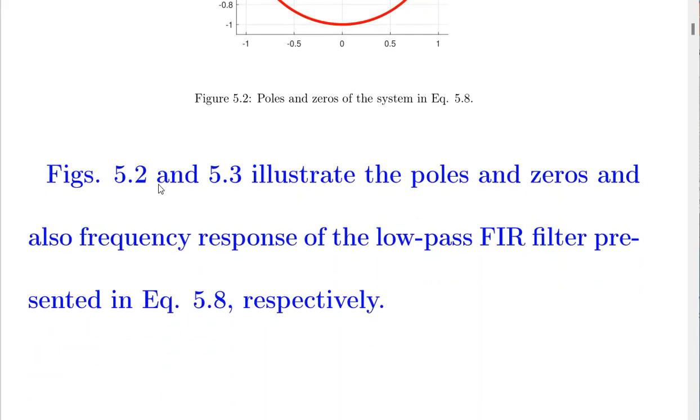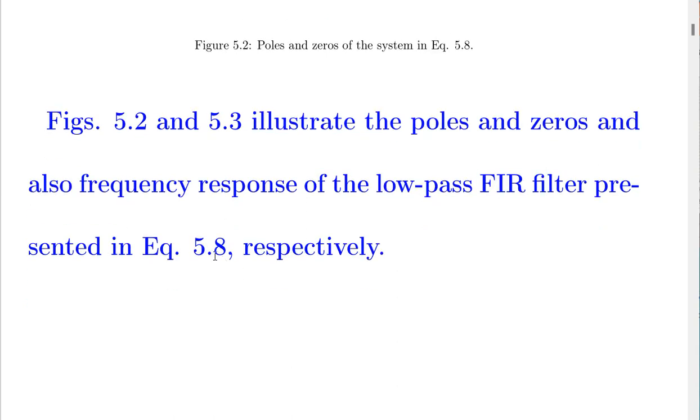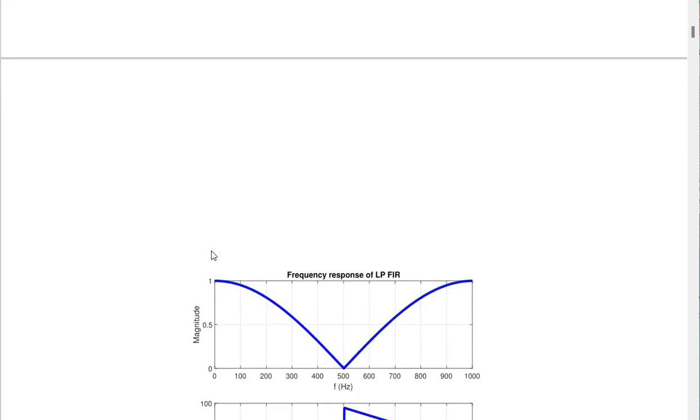For instance, figures 5.2 and 5.3 illustrate the poles and zeros and also the frequency response of the low-pass FIR filter presented in equation 5.8 respectively. Now, let's have a look at the frequency response.